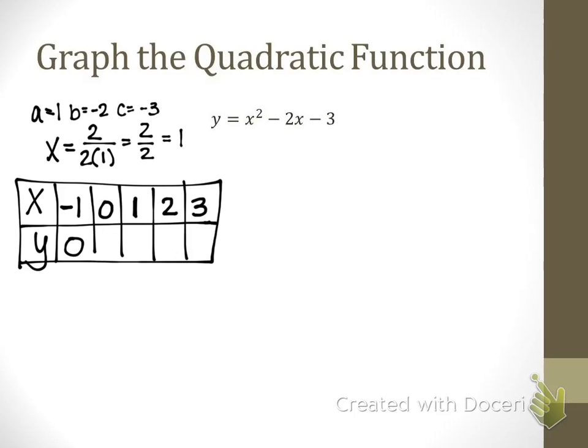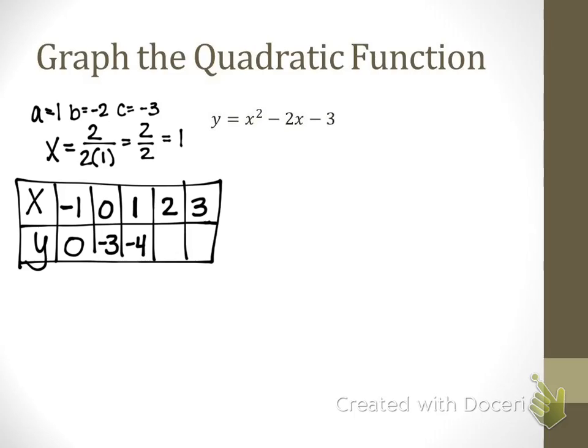Okay, let's plug in the next number. I'm going to have 0 squared minus 2 times 0 minus 3. That gives me a -3. All right, let's plug in the 1. 1 squared minus 2 times 1 minus 3. I get a -4.